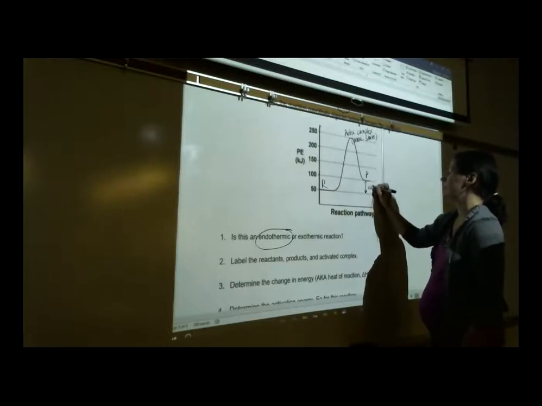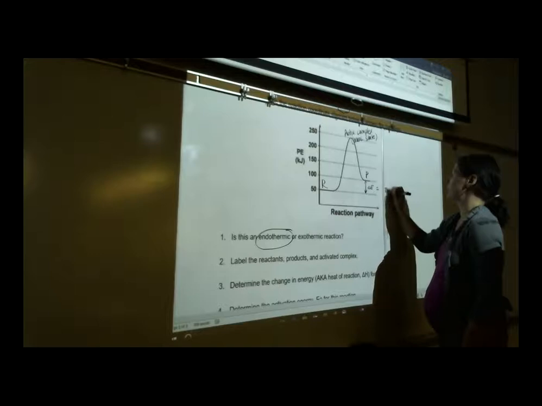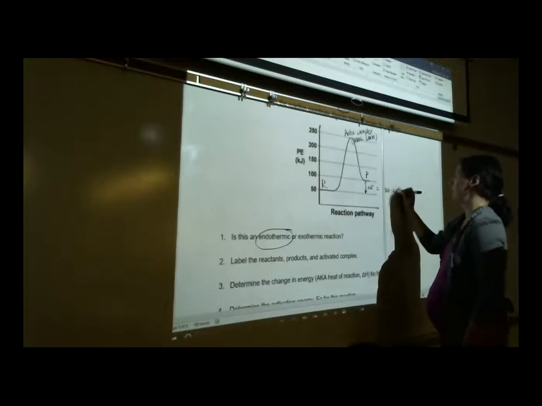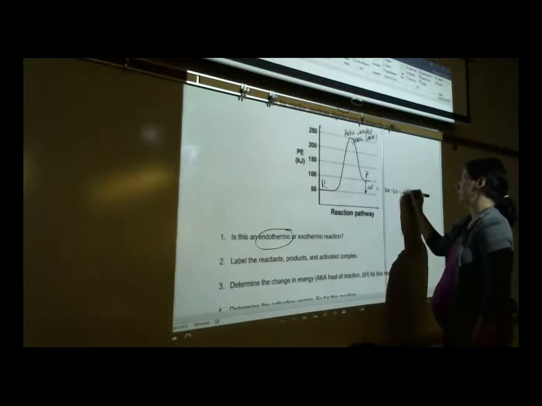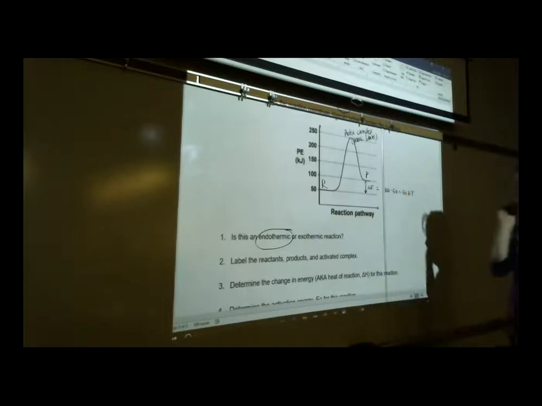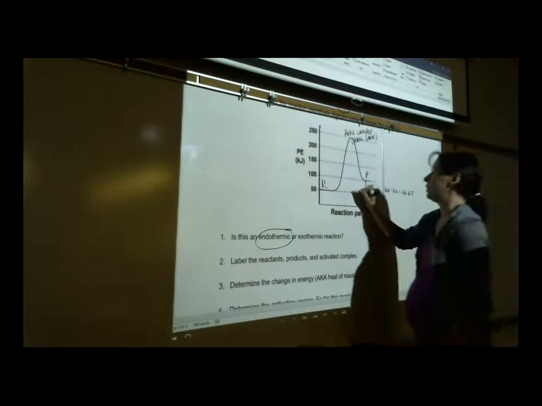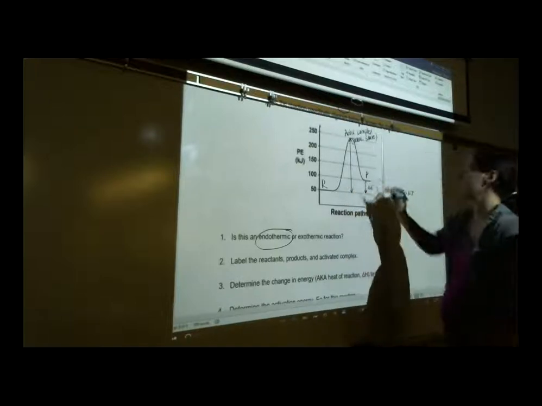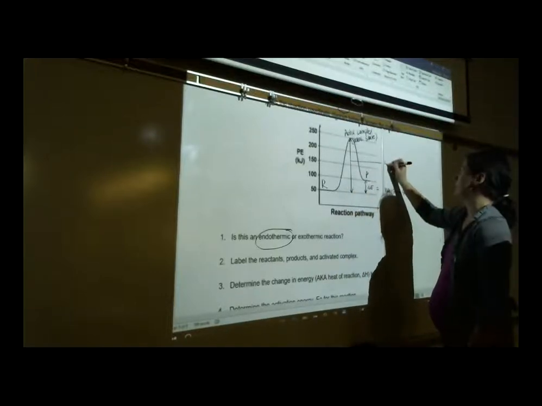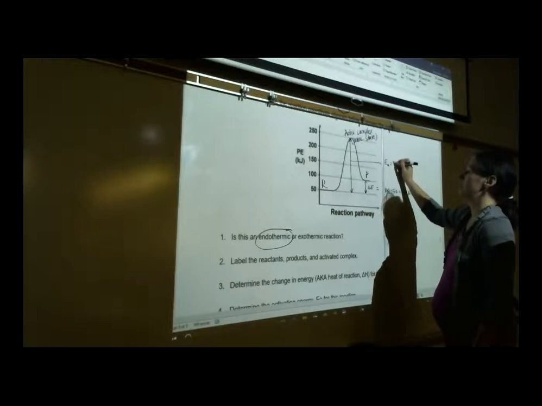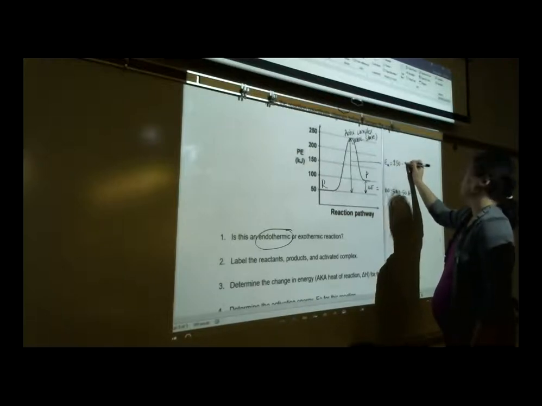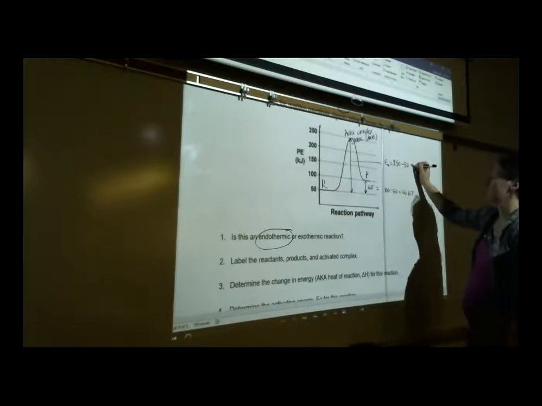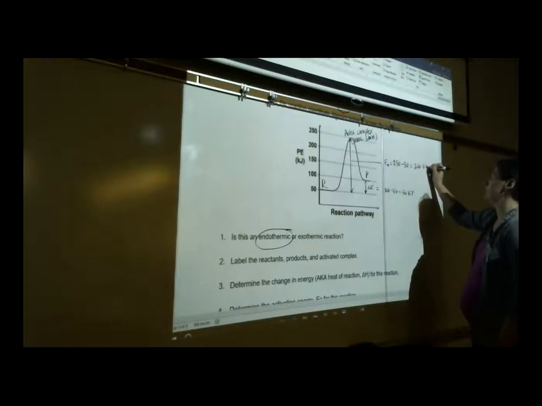Delta E. It's final minus initial, so 100 minus 50, right? Do we agree? Activation energy is the energy that takes the reactants to the top. So activation energy is 250 minus 50, so that's 200.